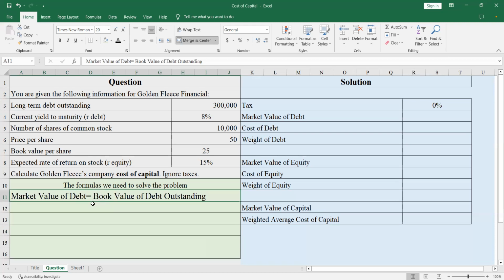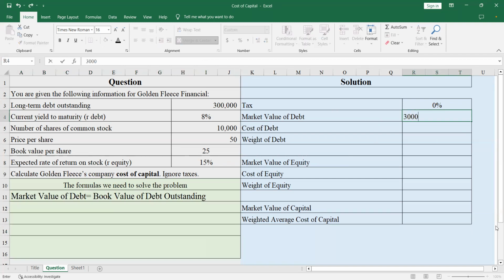Thus, it's very likely that the book value and market value will be close to each other if the interest rates are relatively constant. Secondly, because of mark to market in many of the debt instruments, your market value and book value are very, very close together. So you can always assume that market value of debt is equal to the book value of debt. So the market value of debt is equal to 300,000.